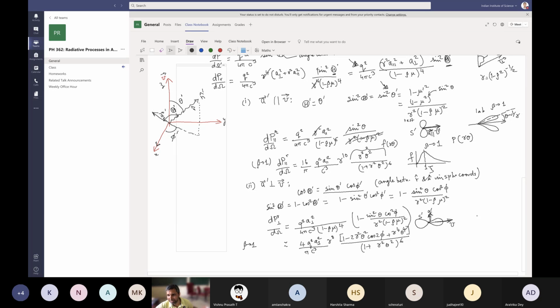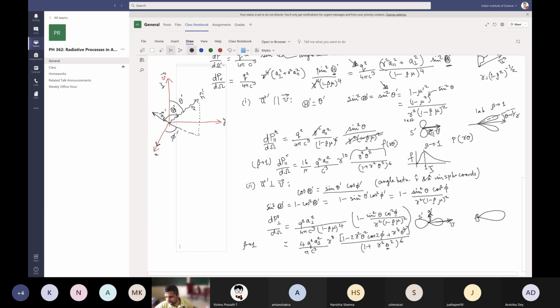So what happens in this case is that this expression is maximum when theta is 0, because the denominator just becomes 1 and this negative thing goes away. So basically it becomes something like this.